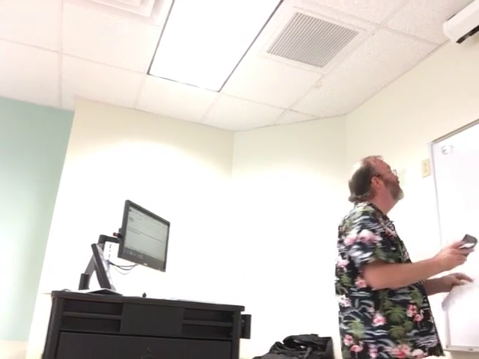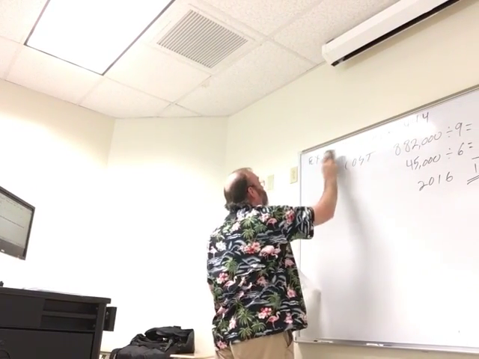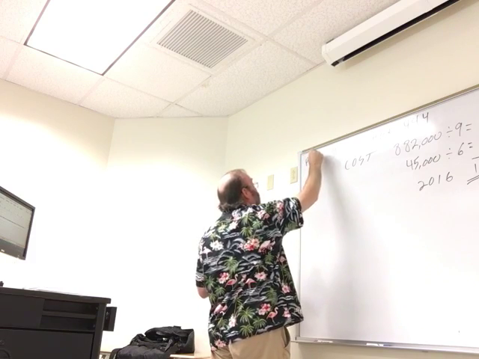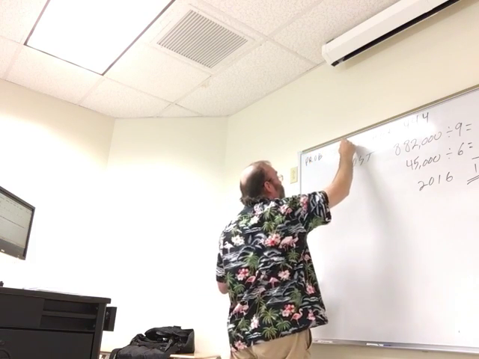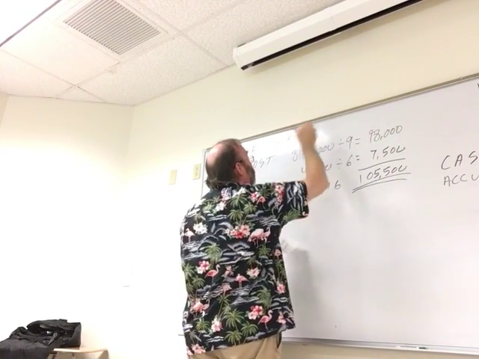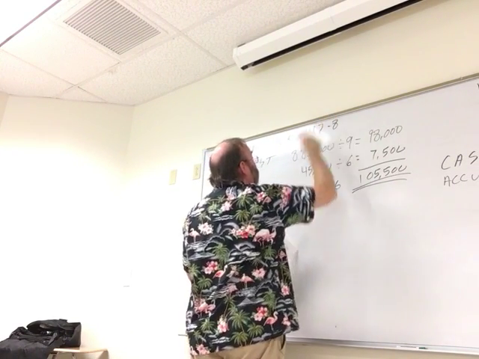Problem number 4A on page 4, well, it's at the bottom of page 447, and it continues up on page 448. So problem number 4A on page 447 and 8.